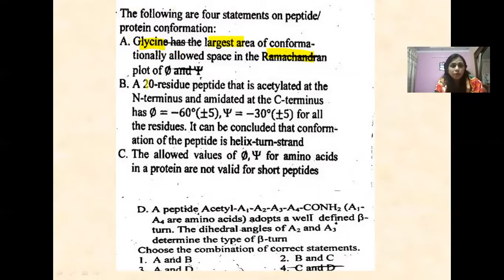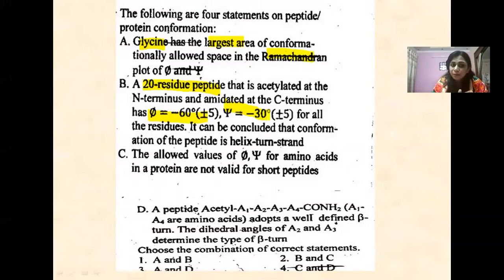Now the second statement: a 20 residue peptide, which is acetylated at the N terminus and amidated at the C terminus, has phi value minus 60 degree and psi value minus 30 degree for all the residues. It means we have a peptide with 20 residues, 20 amino acids, right?